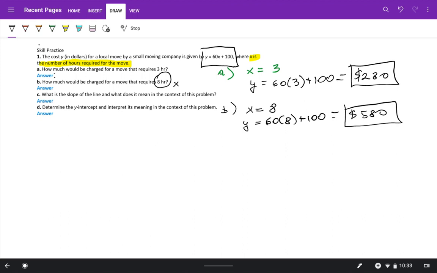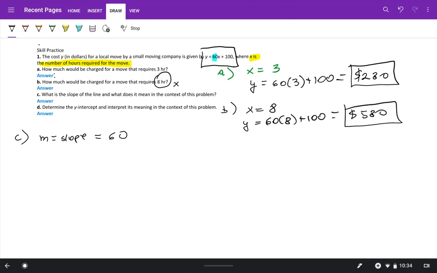Now, in part C, they're asking what is the slope of the line. The slope of the line is the coefficient in front of x, which is 60. And what does it mean in the context of this problem? Don't forget that slope represents rate of change.